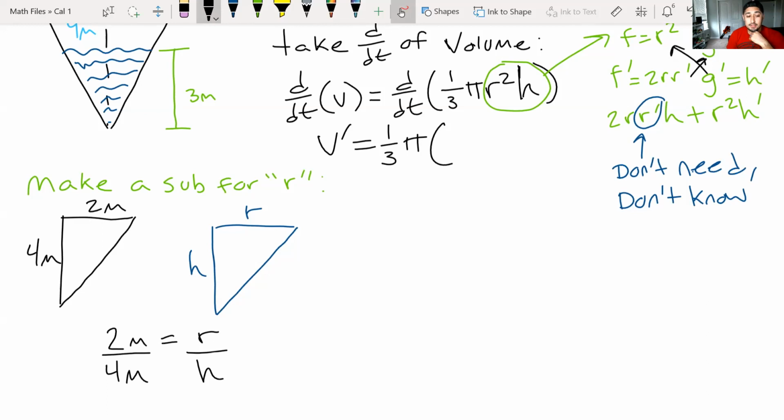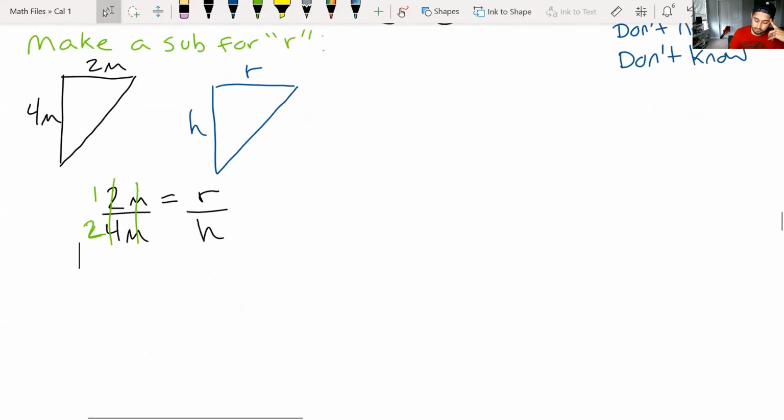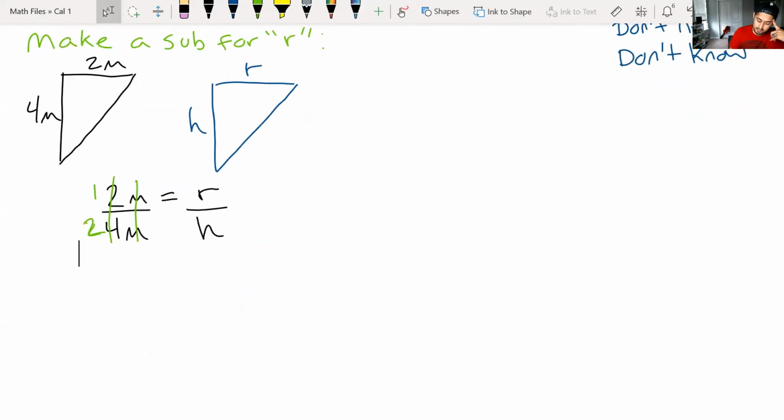Now we're making a substitution for r. And one thing you can do already, cross out those units. All we have to do to solve for r is multiply h to the left side. And you can also reduce this as well: 2/4, 1/2. And then I'll multiply the h over.